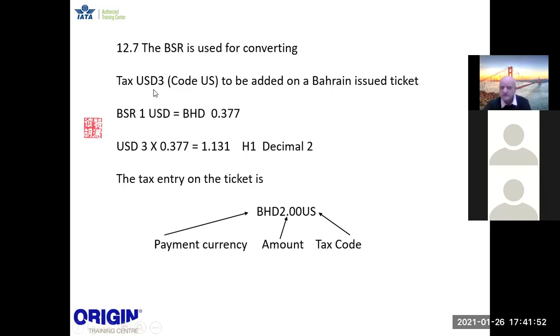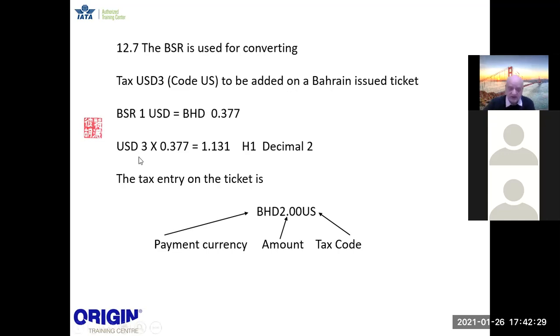There's a tax for the USA, USD3, and the code for the tax is US. Every tax has the currency you will have to collect the tax, the amount, and then there will be a two-letter code saying which tax, because some countries can have 3, 4, 5 taxes. Bahrain, we're sensible. We have one tax. Everything's in that, and the government sorts that out.